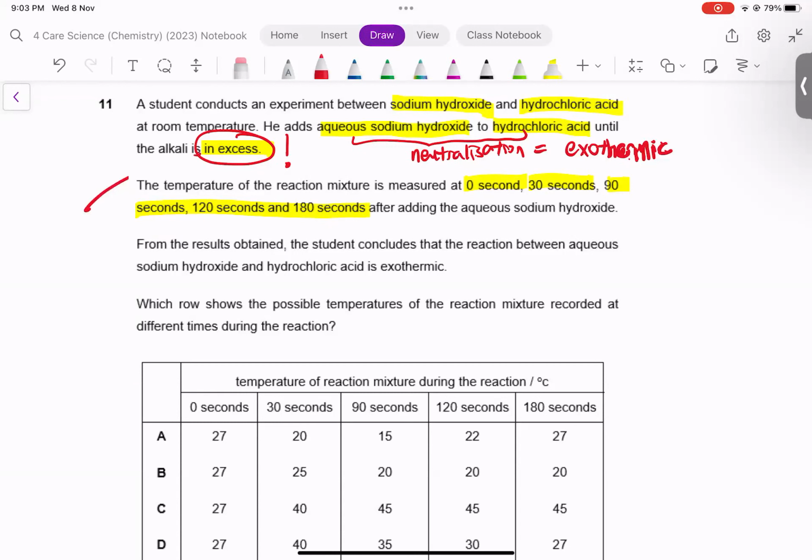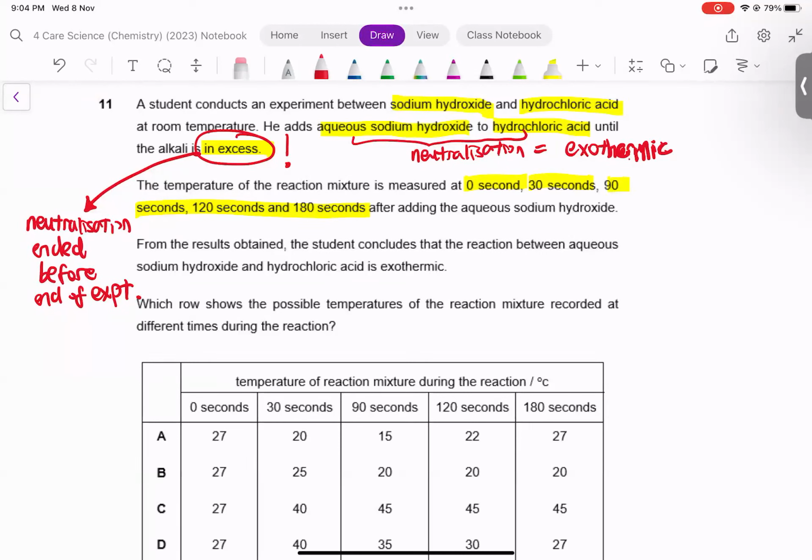So what that means is that the neutralization actually ended before the end of the experiment. I added alkali until it was in excess, meaning the neutralization was completed even before the end of the experiment. That means the neutralization has completed way before 180 seconds.